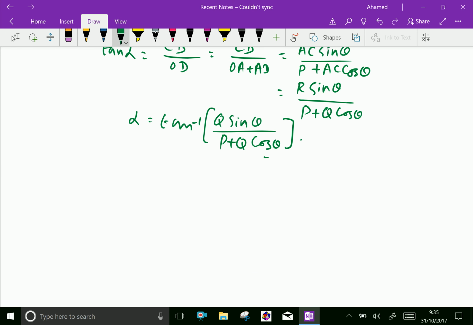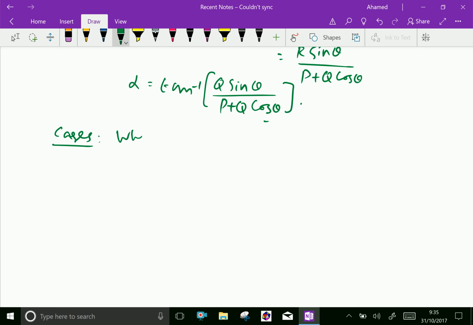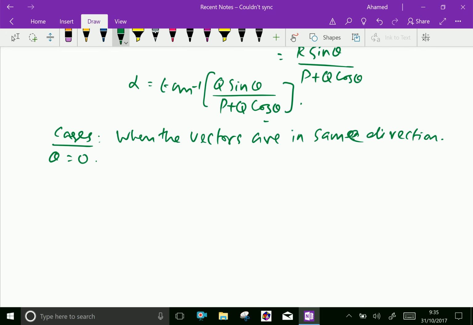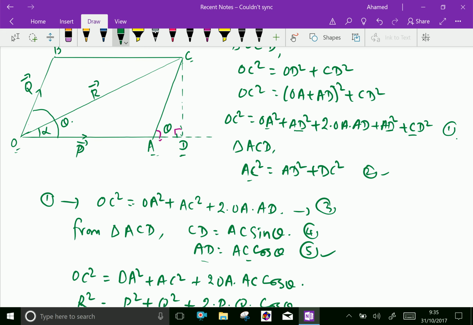Now some cases we will discuss. When the vectors are in the same direction, theta equals 0. Look here in the parallelogram, if theta equals 0, vectors P and Q overlap.